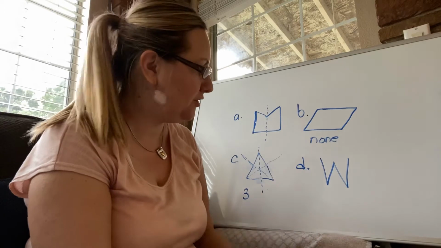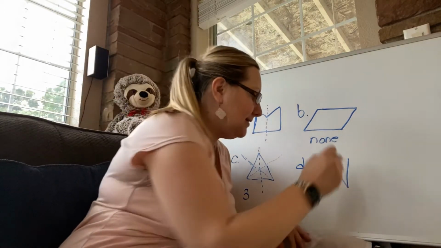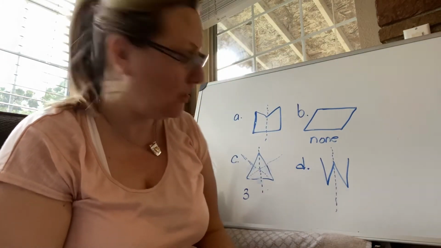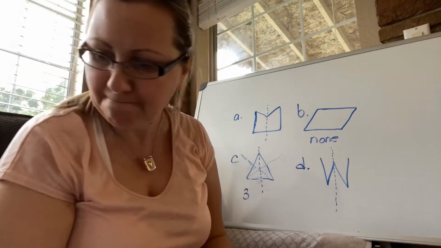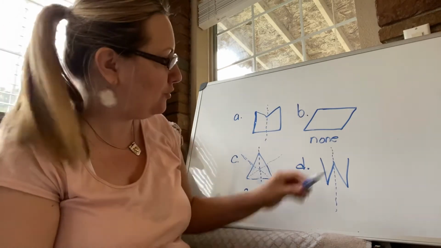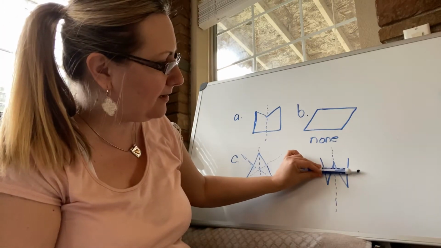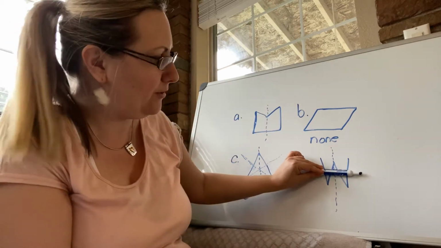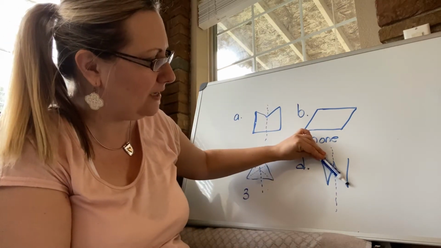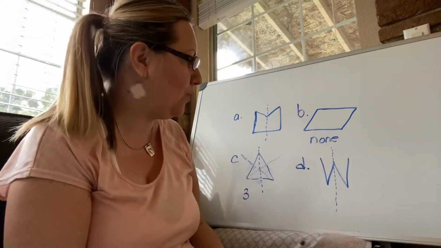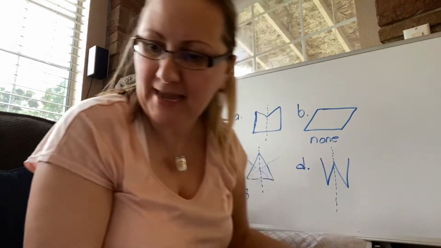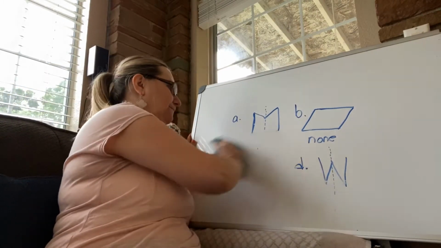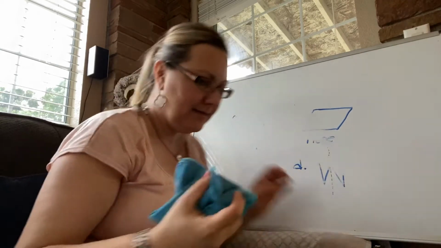This particular one is just the letter W, and I think you will see that right down the middle there is a line of symmetry, and there is no other way that I could put a line where it would look exactly the same, whether top and bottom or this direction, would not work. Okay, so that's letters A through D. Letter D had just one line of symmetry, as you can see.